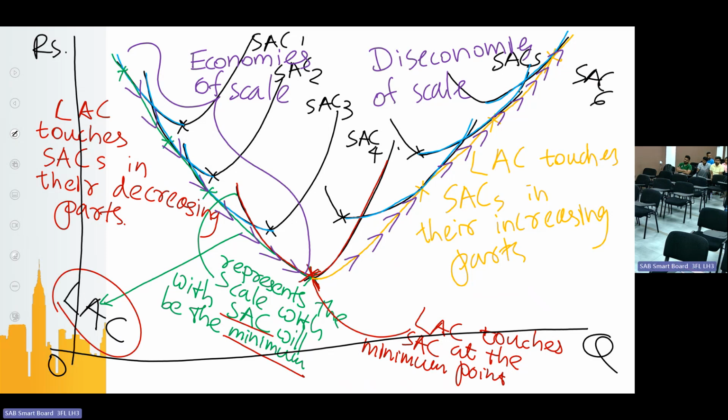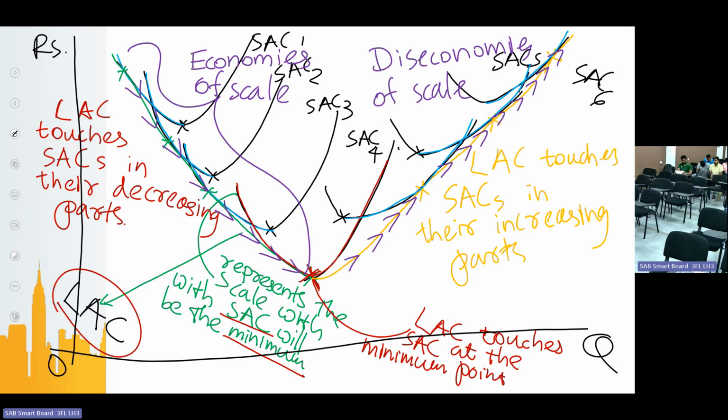So if someone asks you why the long-run average cost curve is decreasing, the reason is economies of scale. If someone asks why it is increasing, the reason is diseconomies of scale.